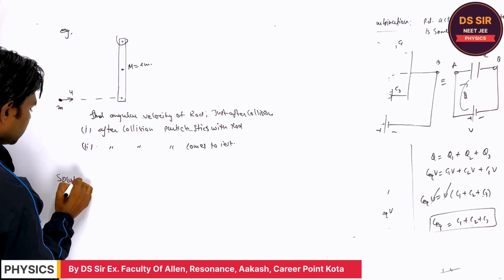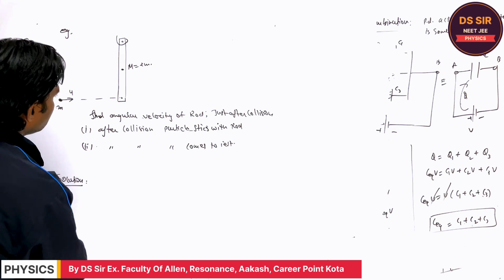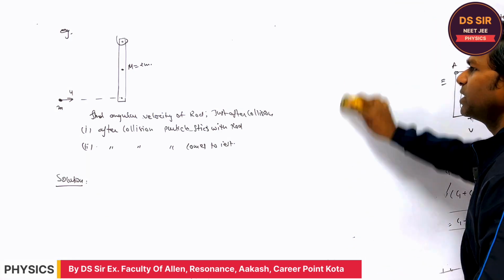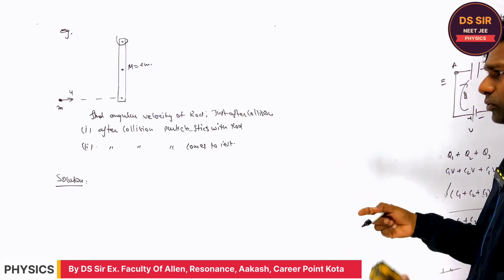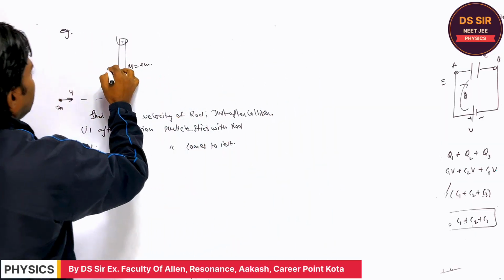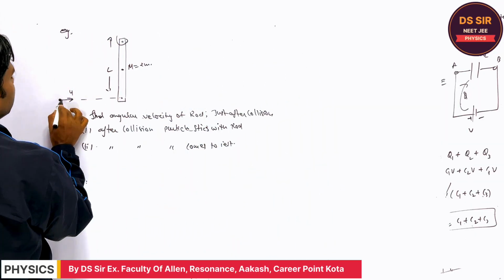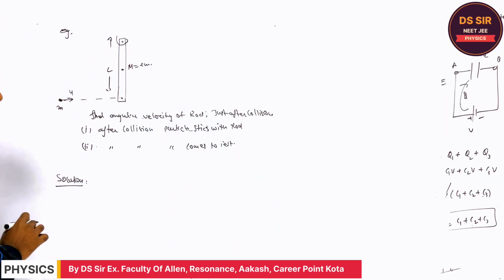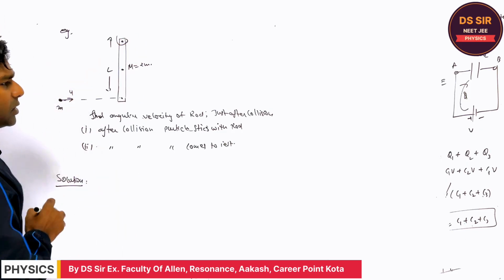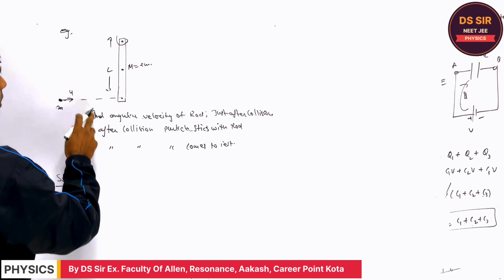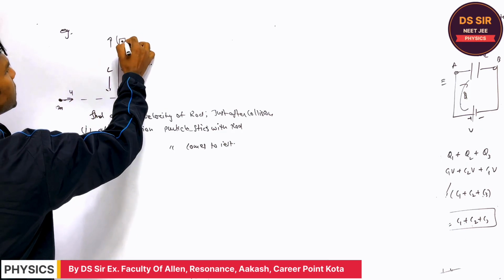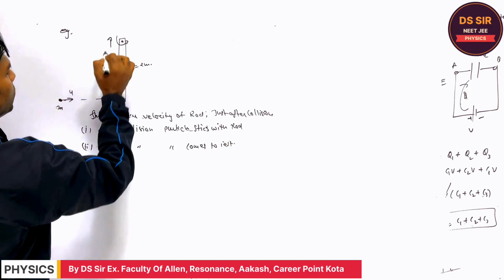Copy this. So we will consider this is the rod of mass M and length L. You can consider it is just hitting at one end. About this point we have to find the angular velocity just after collision.